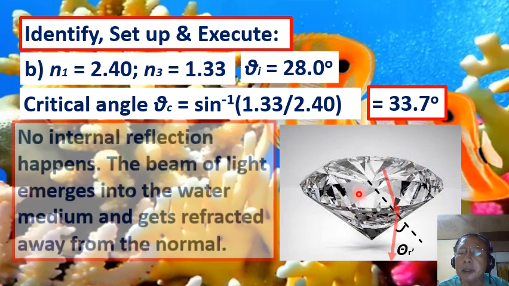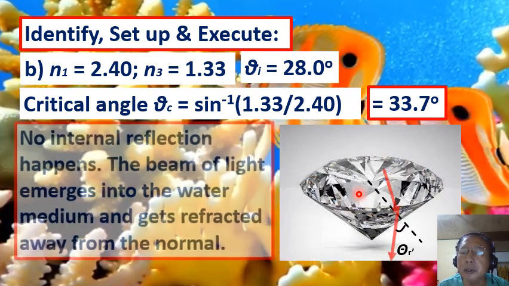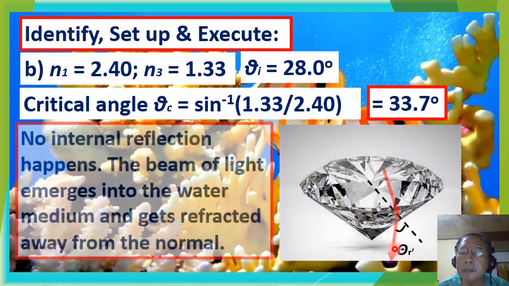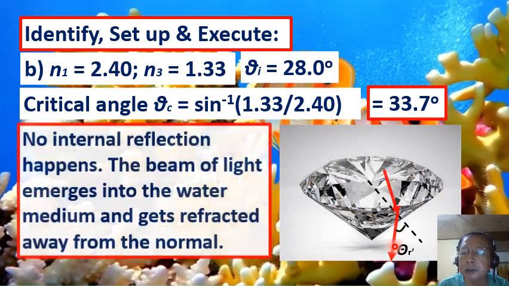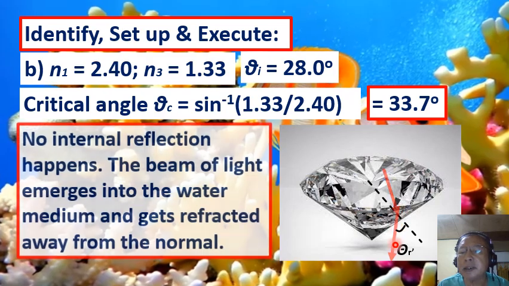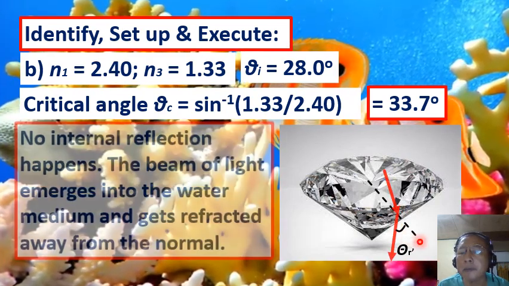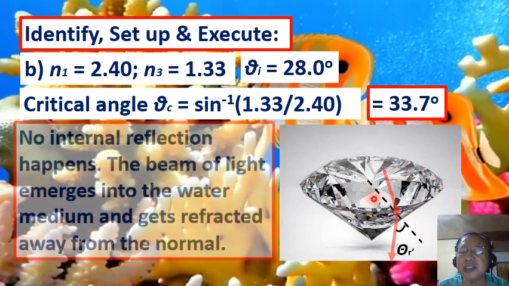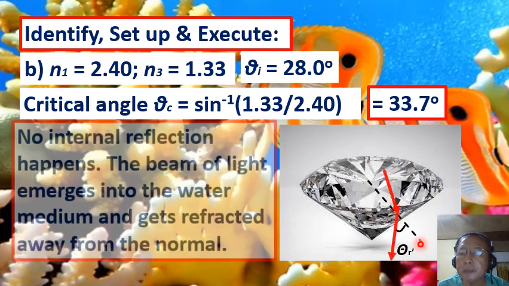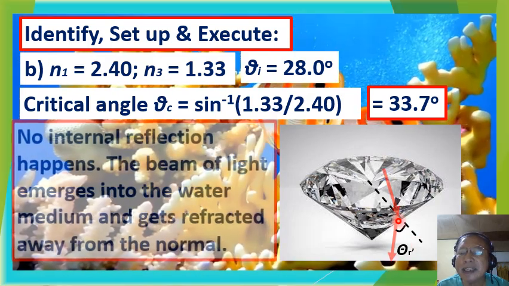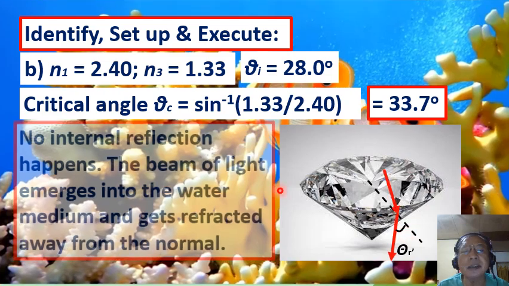The light beam is able to emerge from the piece of diamond into the water, with its refracted ray bent away from the normal, which suggests that the angle of refraction is greater than the angle of incidence.